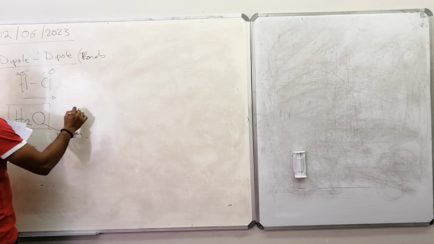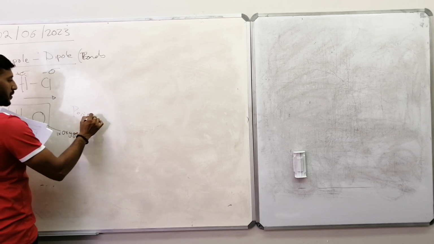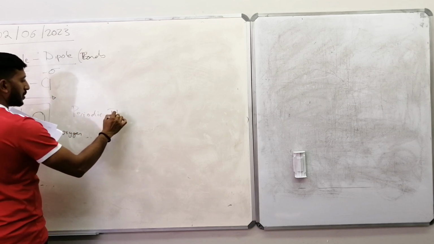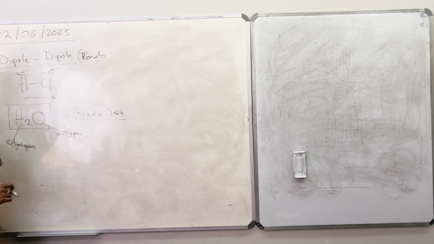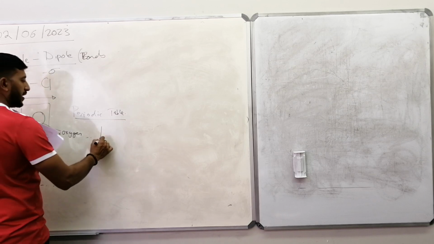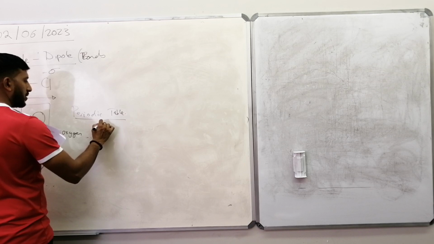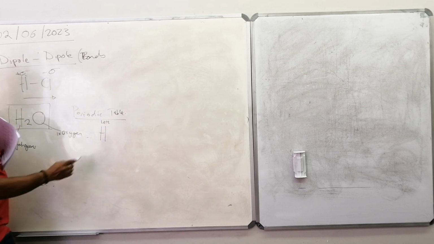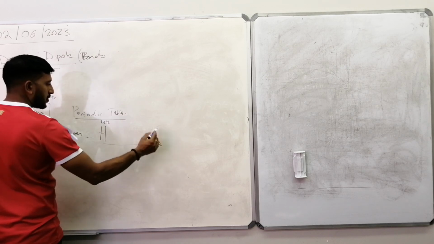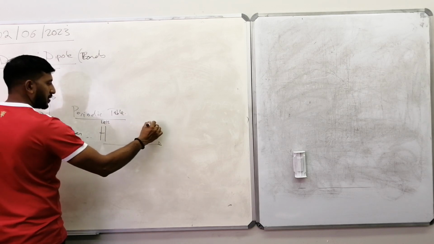Now, in the periodic table, where is the H situated, on the left or right? We got the H on the left, and then the oxygen. We got oxygen on the right.